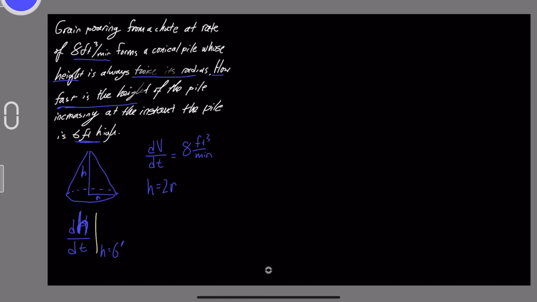Now let's relate all the variables we have together in a single equation. So we have height, we have the radius, and we know that at some point we're going to be using volume, right? So the volume of our cone is 1/3 pi r squared times h. And this is just the formula for the volume of any cone.